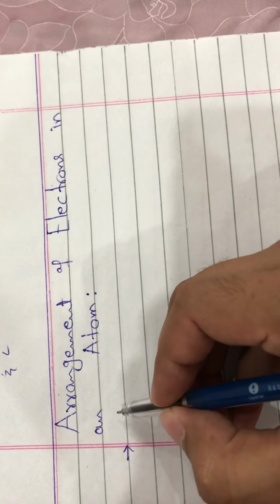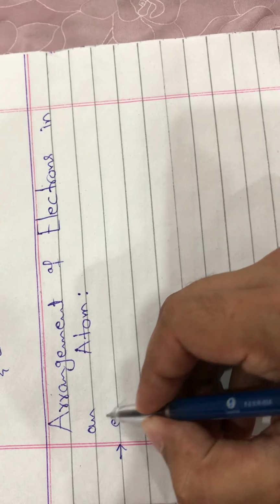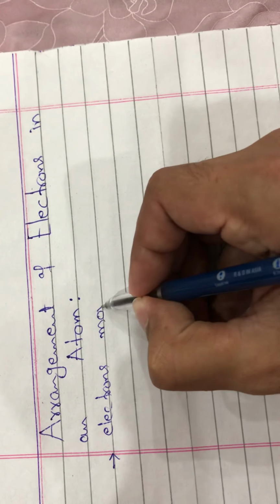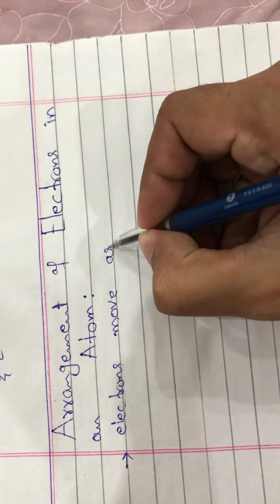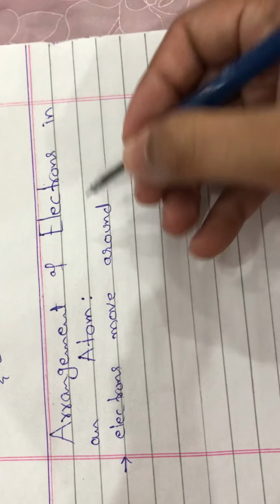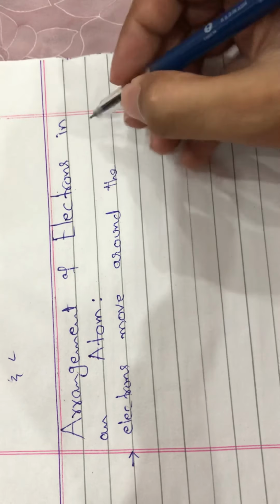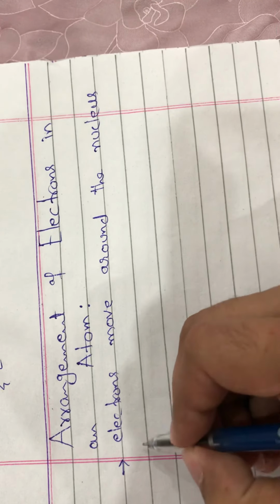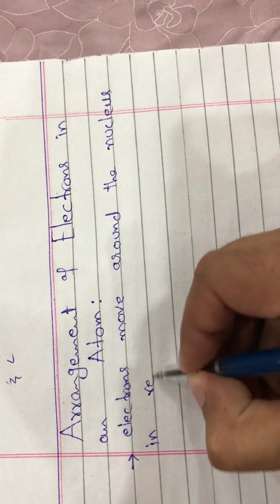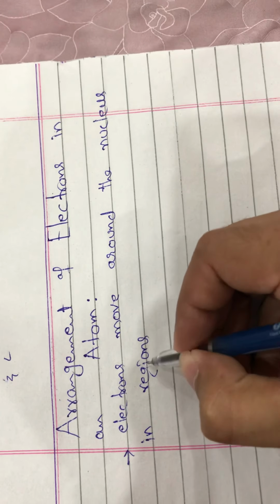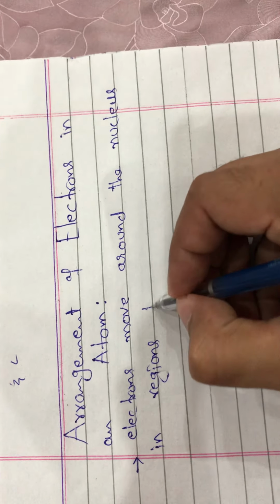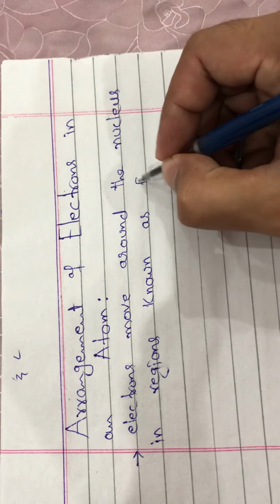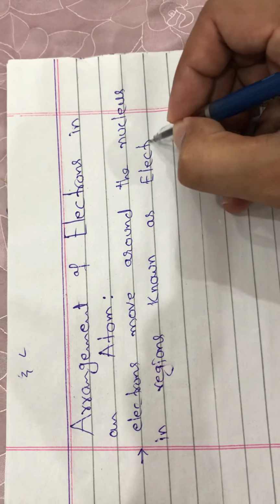Basically, as you are all aware, electrons move around the nucleus in regions known as electron shells.